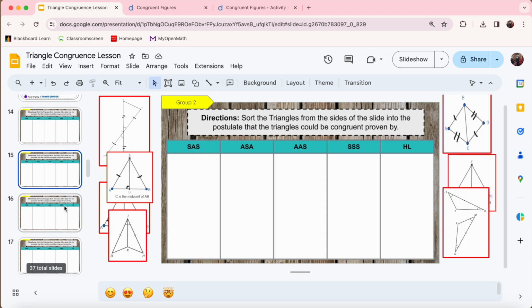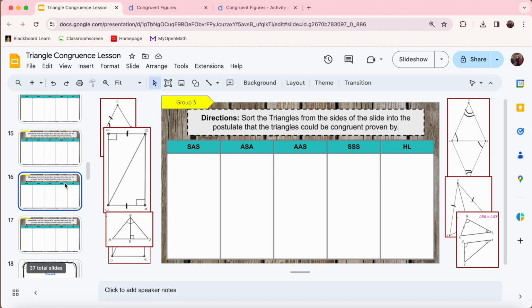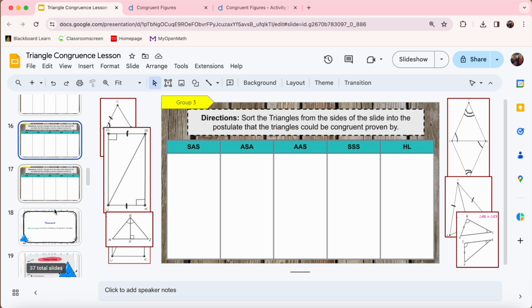And then I rotate, then group 3 is another one as well, so that they don't have the exact same slides right next to them. I don't want to say not cheat, but it's not really a big deal if they cheat, they're just cheating themselves, of course, but that way they're not tempted, because the one above and below them will have different answers, so they can't just quickly look at the side and see where they belong.